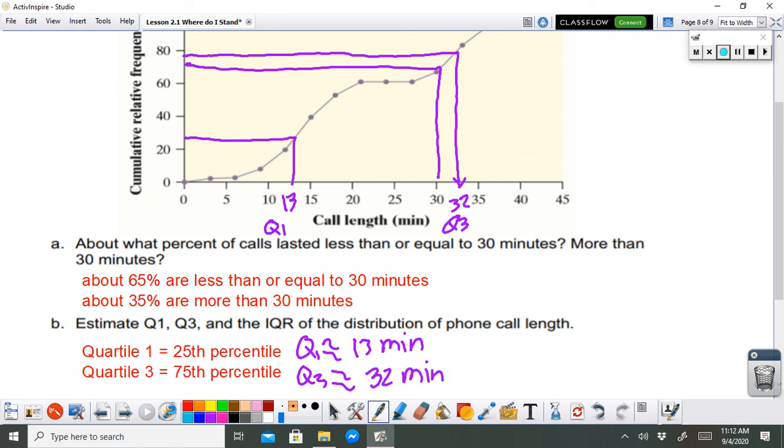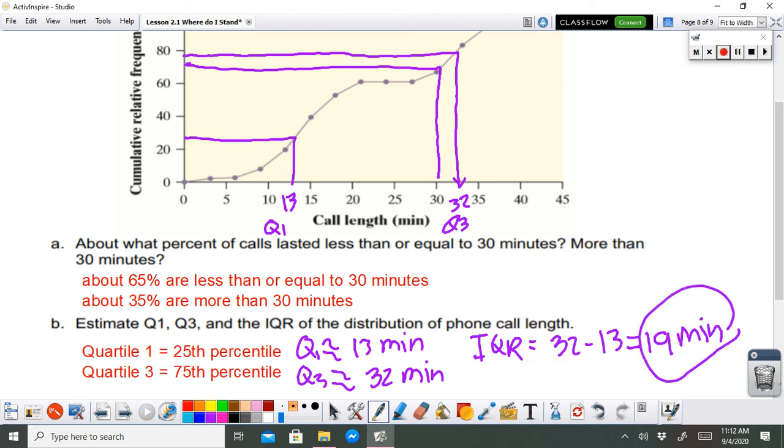So that's why I'm saying Q3 is approximately 32 minutes. So my IQR would be 32 minus 13. My IQR would be approximately 19 minutes.